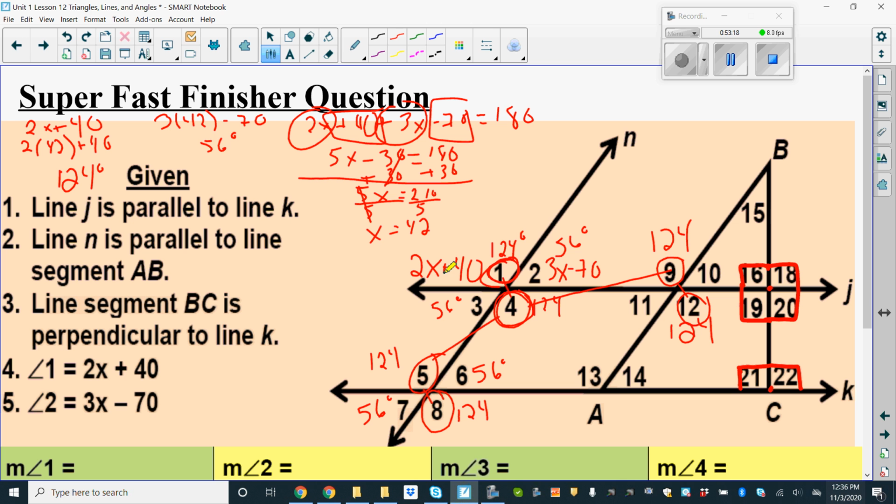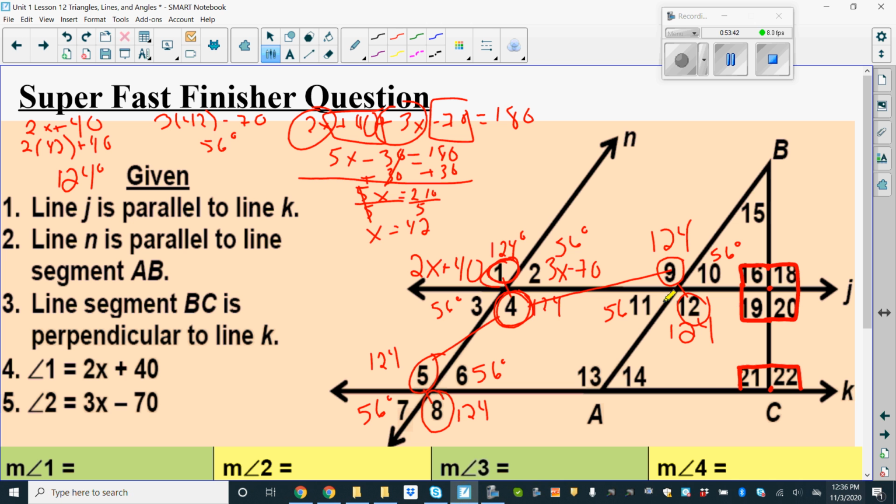And you could say the same thing here. 3 crosses to 2, which crosses to 11. So 11 is 56. And then that crosses to 10. So 10 is 56. Now, we have to determine what 13 and 14 are.